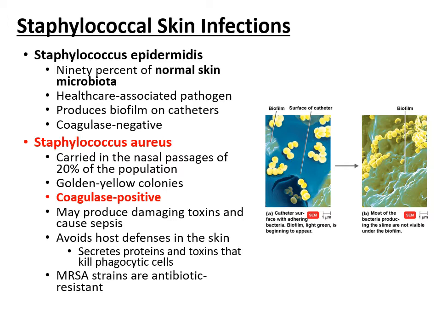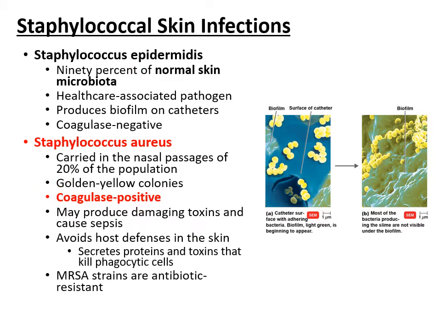Now, with Staph aureus versus Staph epidermidis, you recognize some information from lab, and that's the key point I want you to put on this slide: distinguishing these two species of Staphylococcus. First of all, you notice this term here, coagulase negative epidermidis versus coagulase positive aureus.